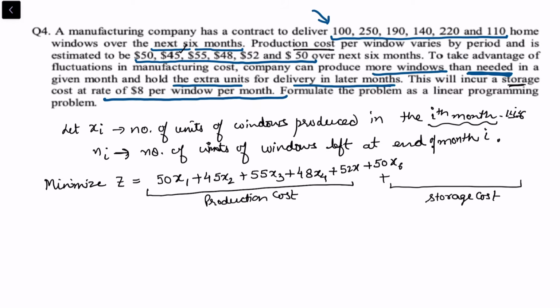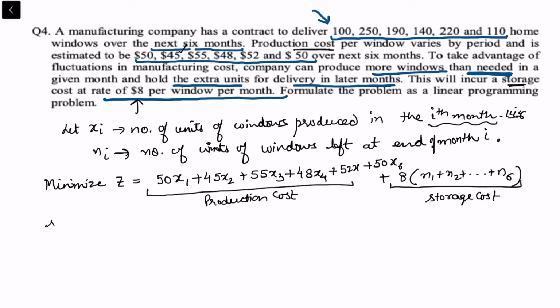Now we need to add the storage cost, and for the storage cost we can say this is $8 per window per month. So this is a fixed cost, and so I will take plus 8 times n1 plus n2 up till n6. Okay, so that becomes the objective function.